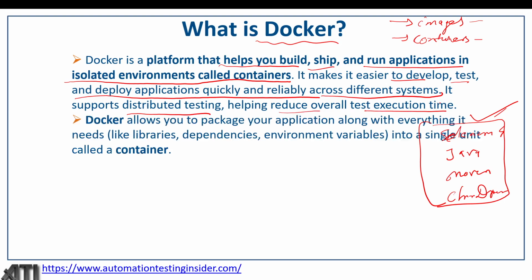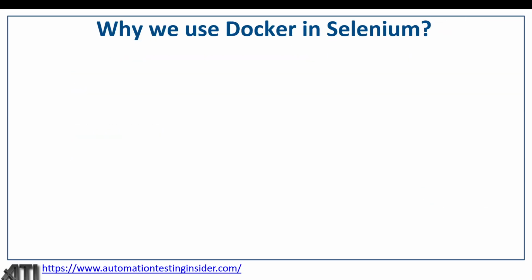So those are the benefits of using Docker. Docker allows you to package your application along with everything it needs, like libraries, dependencies, and environment variables, into a single unit called a container, right?